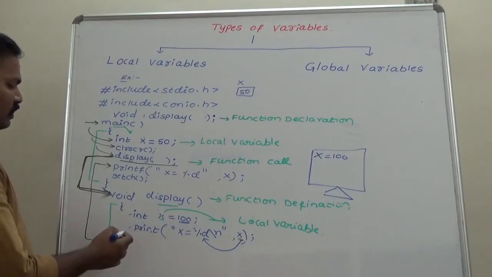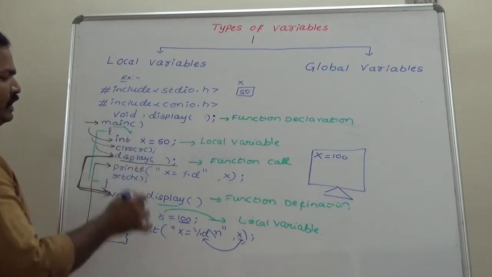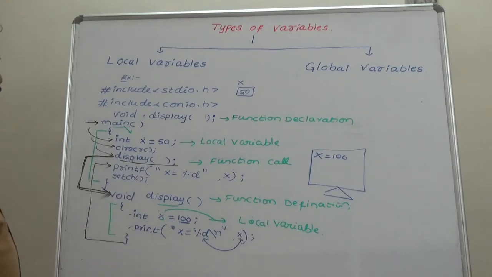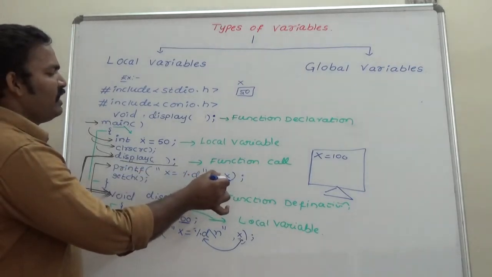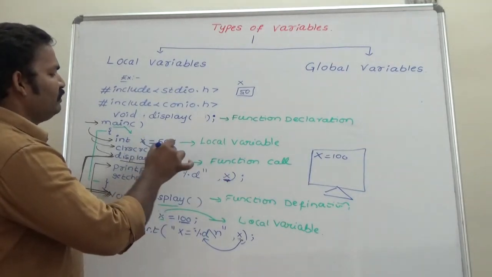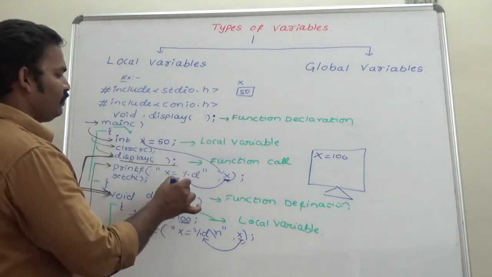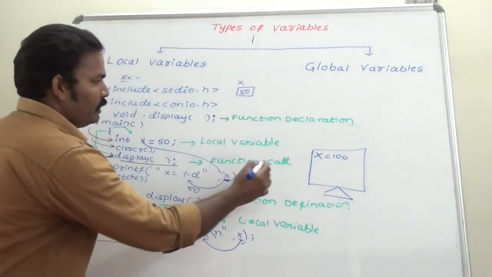Okay. Next, after executing all the statements, execution control is returned to the main program. Now the main function printf statement will be executed. So this printf statement prints the x value on the screen. x value means the main function local variable. Okay. So here x value is 50. So x is equal to 50 will be printed on the screen.